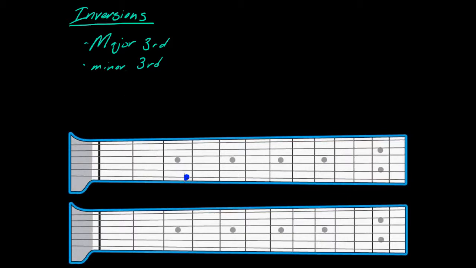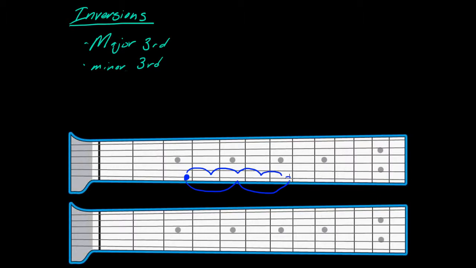Let's say here, we'll just pick this G. Okay, so to go up a major third from any note on the guitar, you're going to need to either go up 2 full steps. Full step is 2 frets. Or you can go up what's called 4 half steps.